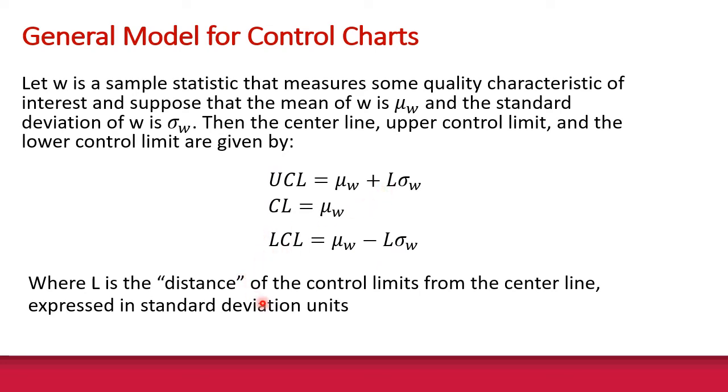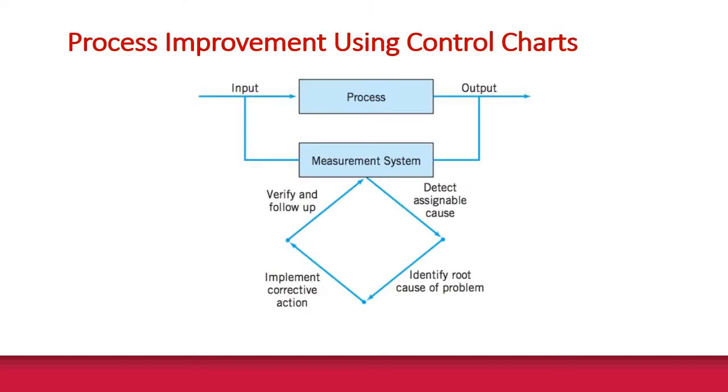L is the distance of the control limits from the center line, expressed in standard deviation units. Typically L is 3, plus or minus 3 sigma is what we typically use. The center line is going to fall right at the mean of whatever we're measuring.